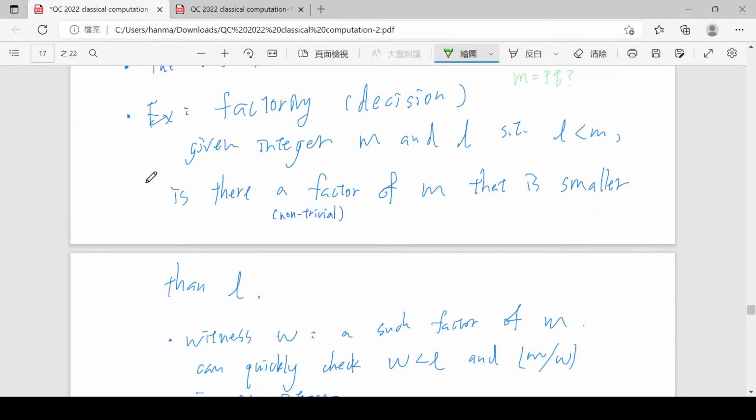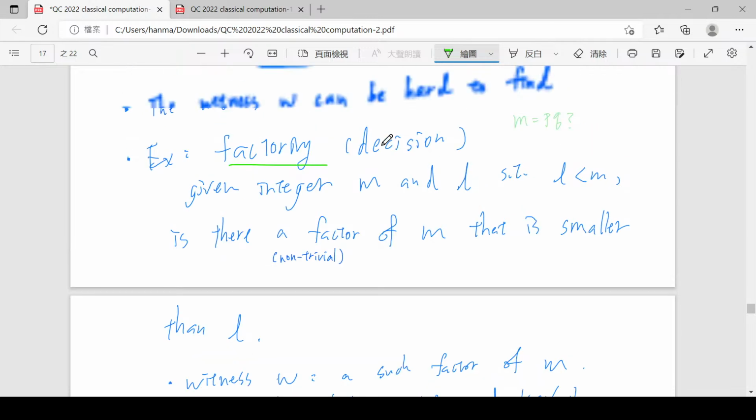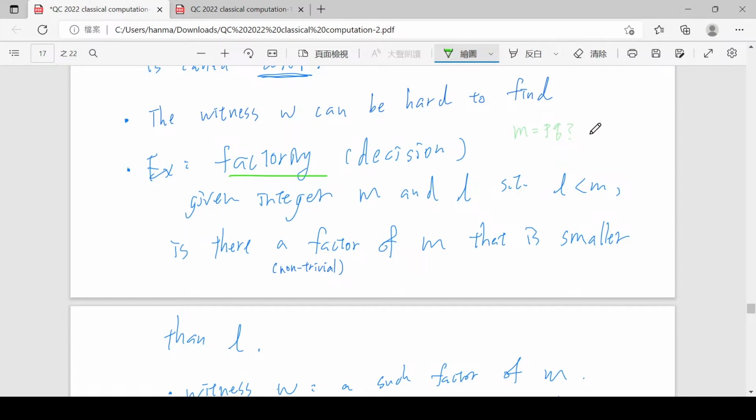A very easy example of a problem in NP is factoring. The factoring problem is that we are given a number and we want to see whether it is composite. This is a little harder than primality testing.